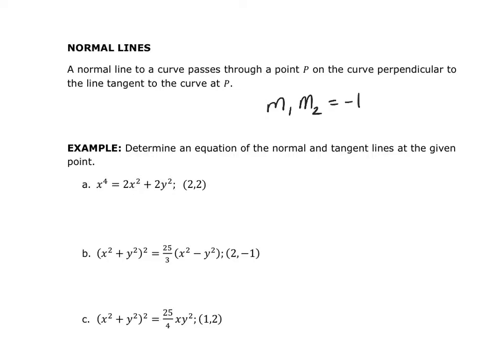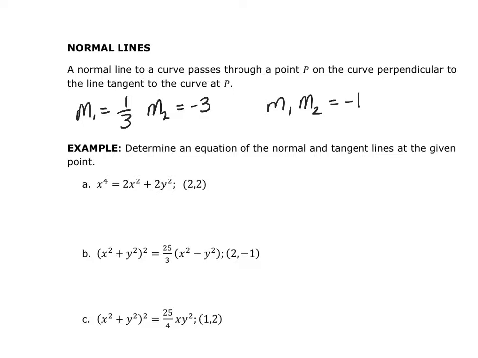So if I tell you my slope of 1 is, say, 1/3, then the slope of my normal should be a negative 3. They are negative reciprocals of each other. So all you have to do is find the equation of the tangent slope and do the negative reciprocal of that.